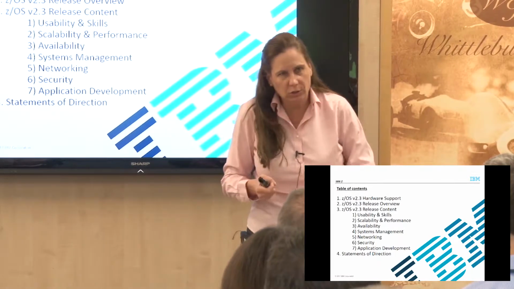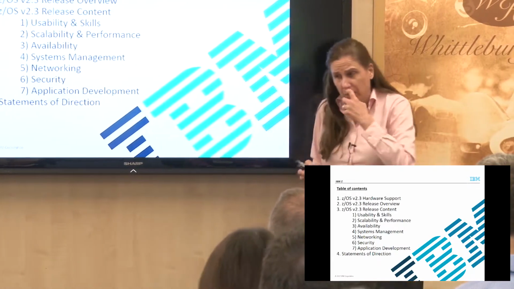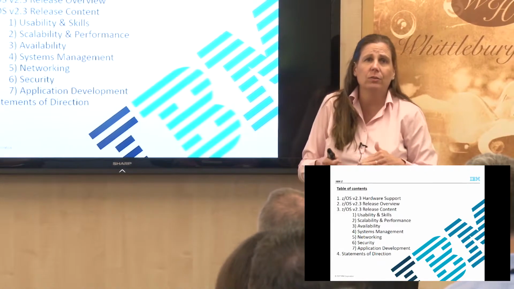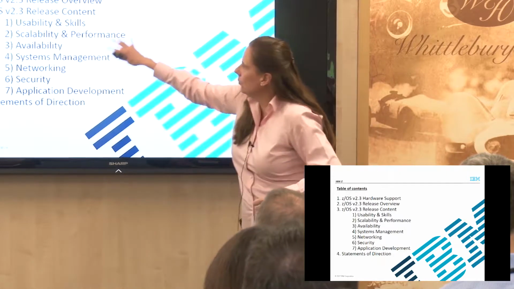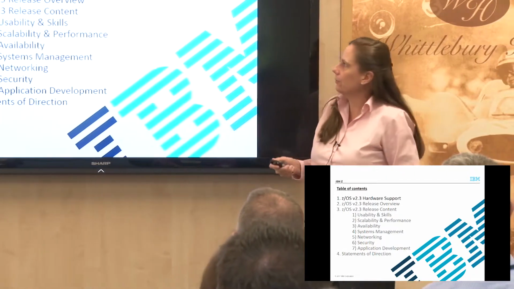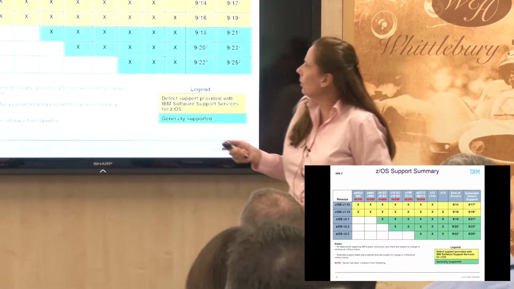One of our largest jobs in Poughkeepsie with z/OS 2.3 is to make sure that everything that's in the hardware we can exploit up in the operating system. So we'll go through that, and then we'll go through a lot of the other areas of the release. Let's start with hardware.